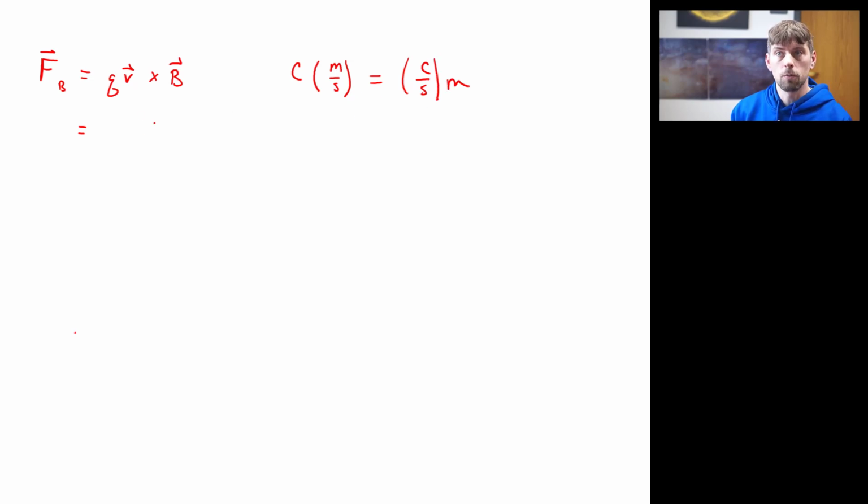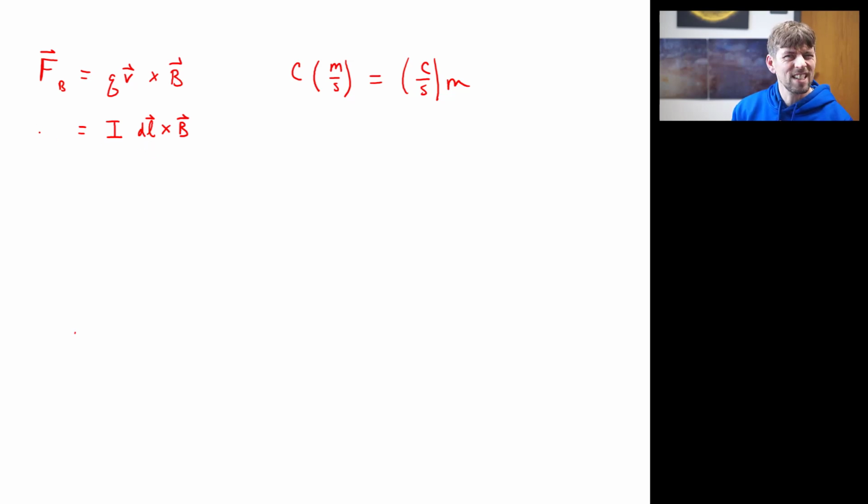And that is where you get at the second equivalent statement, namely that the force acting on a charge carrying wire is given by I dl cross B. So the charge per second times the distance.